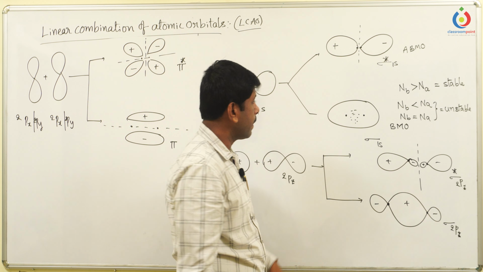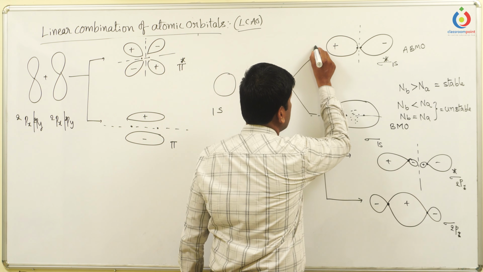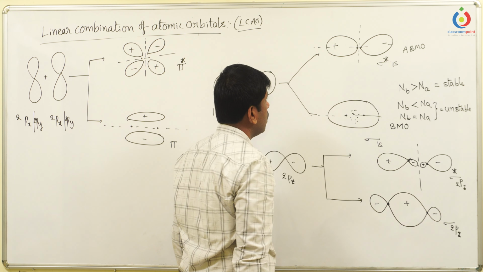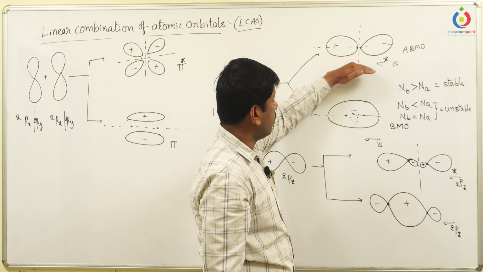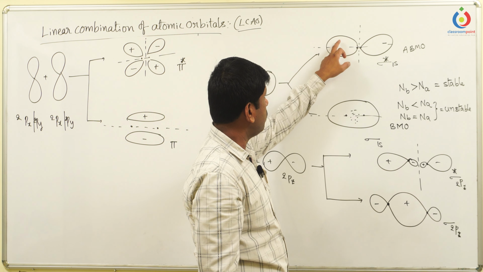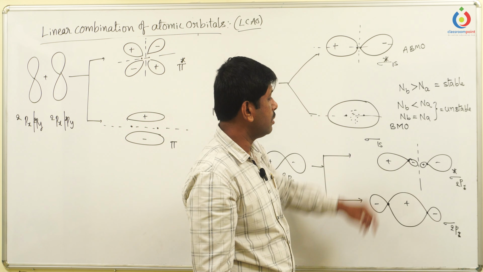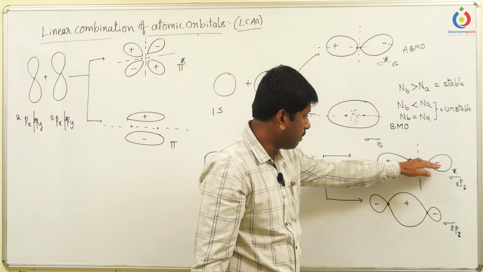The reason is, if you observe along the internuclear axis, the upper side and lower side have the same amount of electron density with the same sign. Plus is above and plus is below, and minus is above and minus is below. In this case also, these are sigma orbitals.